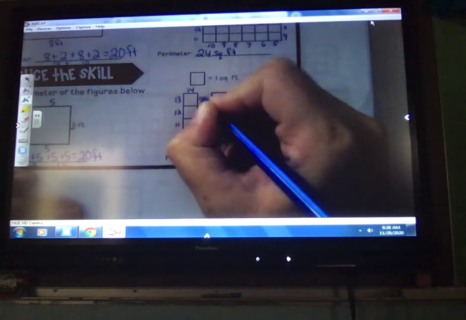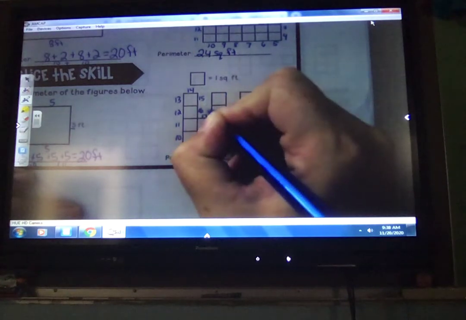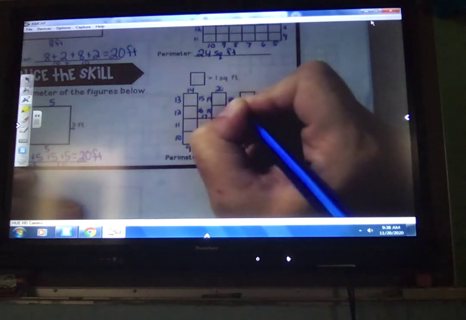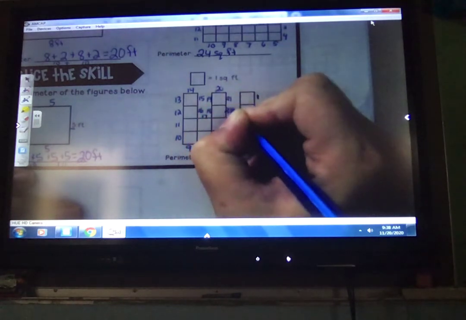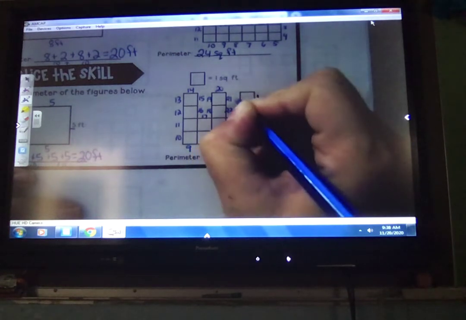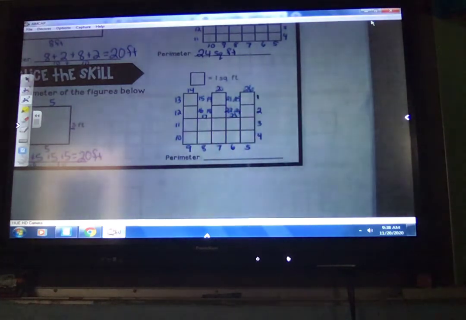Turn the corner. 15, 16. Turn the corner. 17. Turn the corner. 18, 19. Turn your corner. 20. Turn your corner. 21. 22, turn your corner. 23, turn your corner. 24, 25, turn your corner. 26. It took me 26 lines to walk around that entire shape.